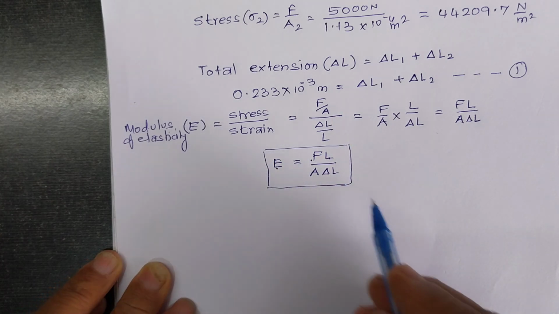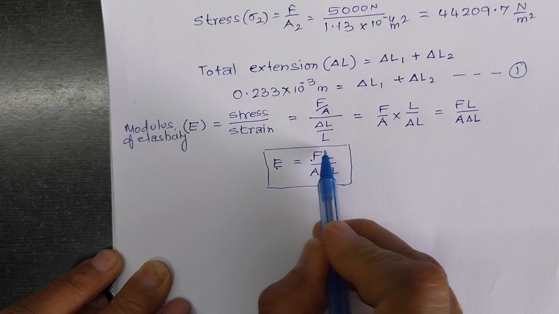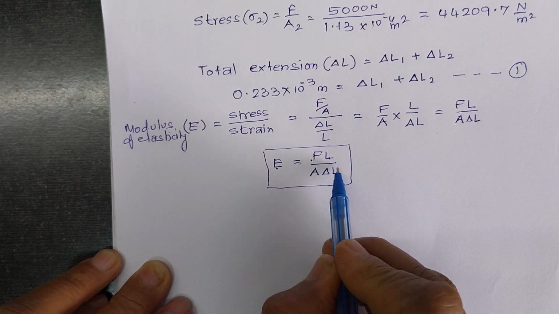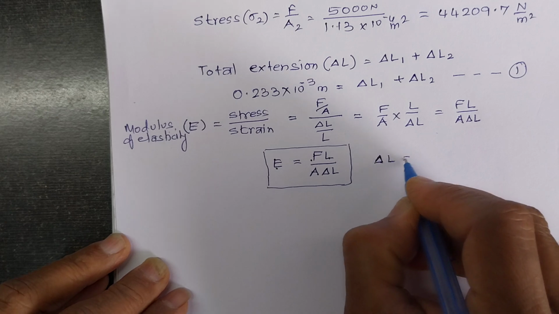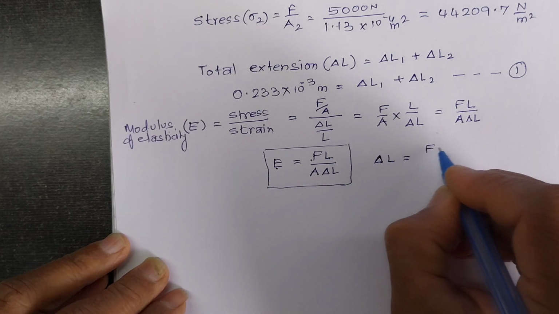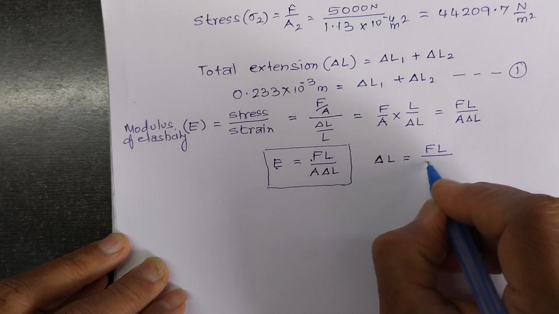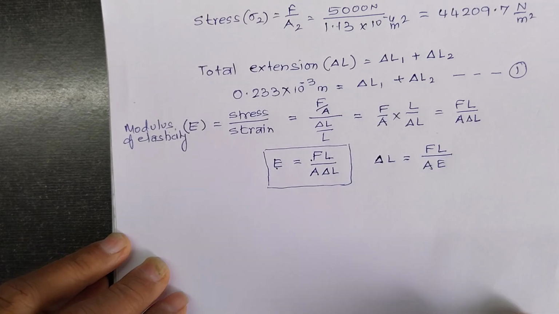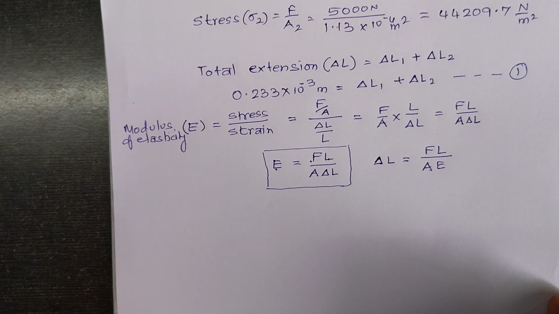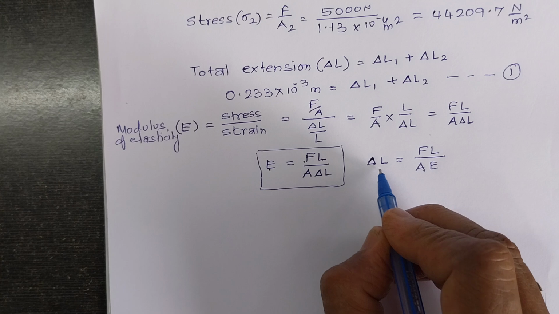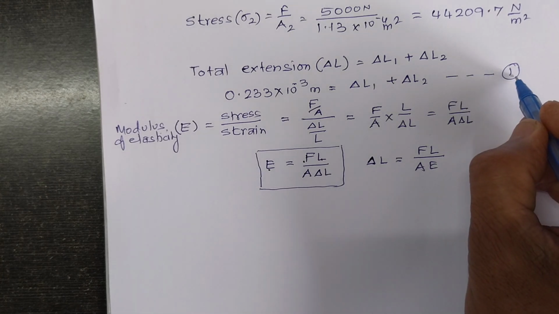In this particular numerical, we are given the other parameters and we have to find out this delta L. So we rearrange in this case. Delta L here is equal to F L upon A E. Right? So this value of delta L is now substituted in equation 1.